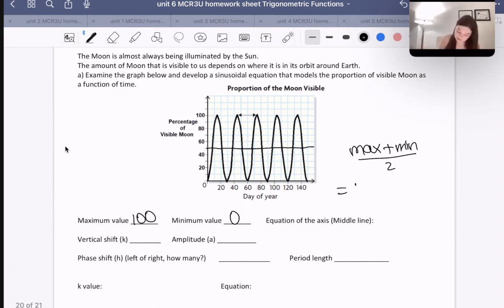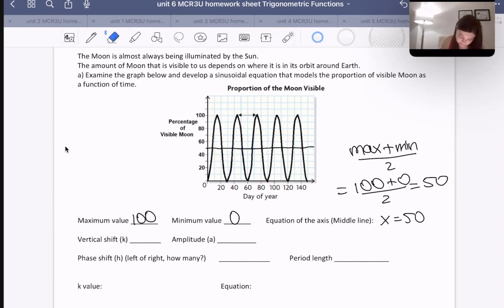So here we have 100 plus 0 divided by 2, which is 50. So 50 is going to be that midline, or sorry, y is equal to 50. Y is equal to 50 every part of this line.